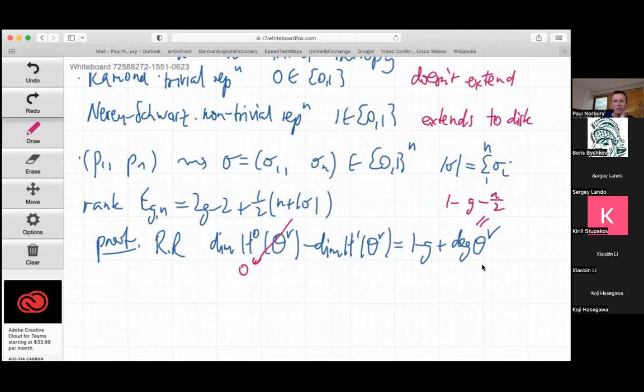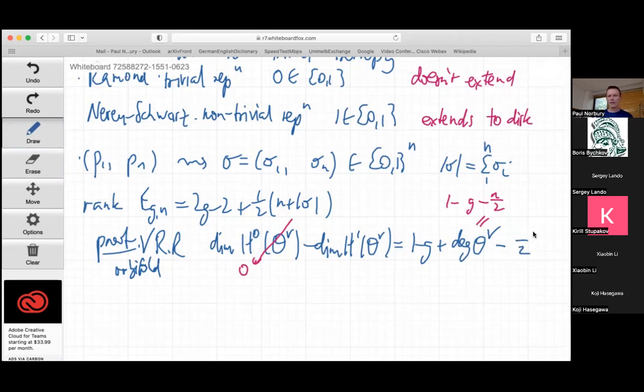And so there's actually more to this. So let me write it. So it's orbifold Riemann-Roch, and there is minus n on 2. I'm sorry, that's not correct. I'm taking the Neveu-Schwarz case. So it's minus sigma on 2.